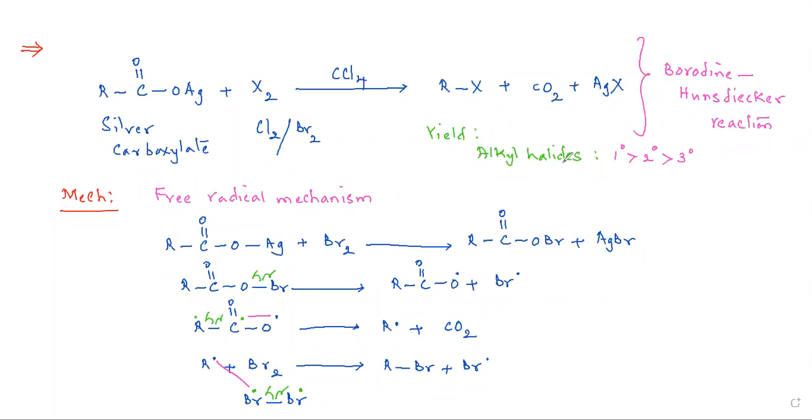Similarly, if you consider the halogen, you get more of alkyl bromides than the alkyl chlorides. Bromides give good yield than the chlorides. Now the interesting point is when iodine is used, the reaction will be very much different. Let us see.